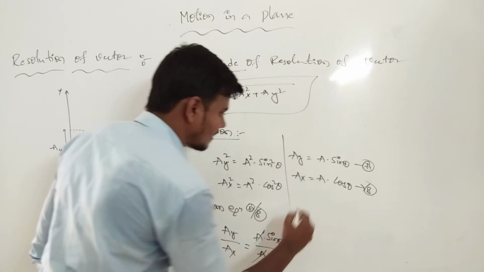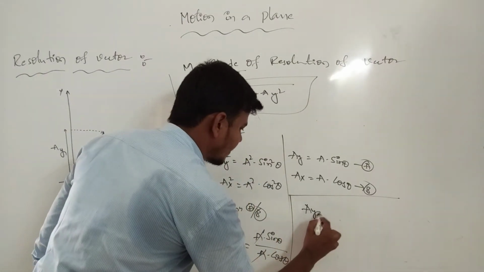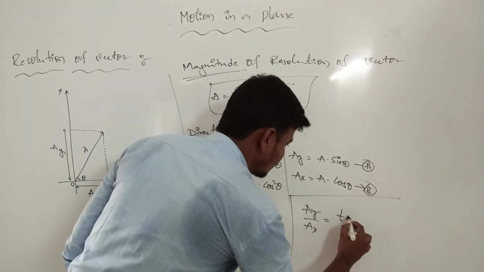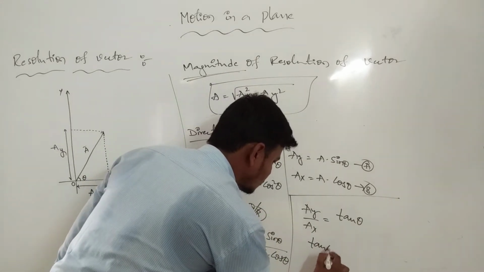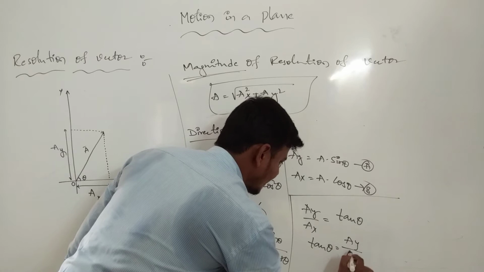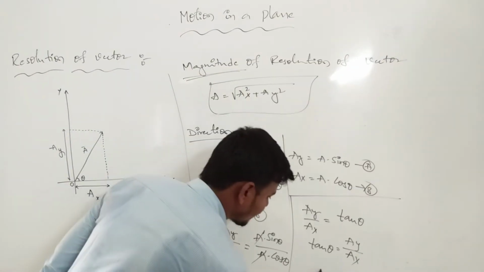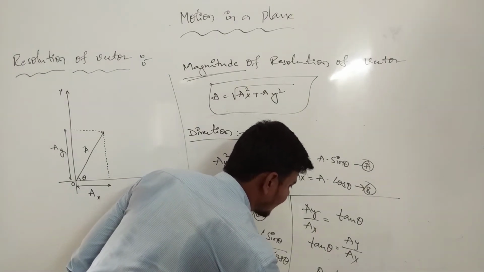Clear? Ay by ax is equal to sin theta by cos theta, which is tan theta. Now tan theta is equal to ay by ax. Therefore theta is equal to tan inverse of ay by ax.